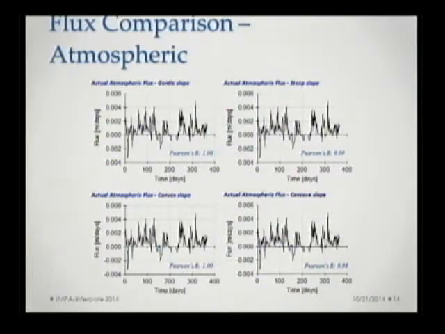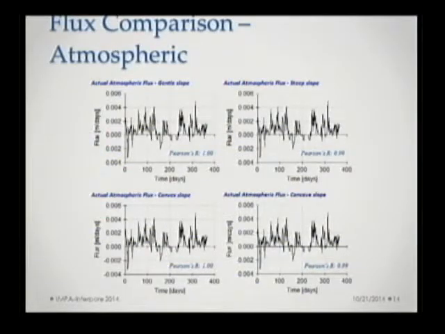Right. So these are the results. So the top atmospheric boundary fluxes, these are for the 4 different cases of topography, and these are actually the different scales which are overlain one over the other. And you can see that they match almost perfectly, right?